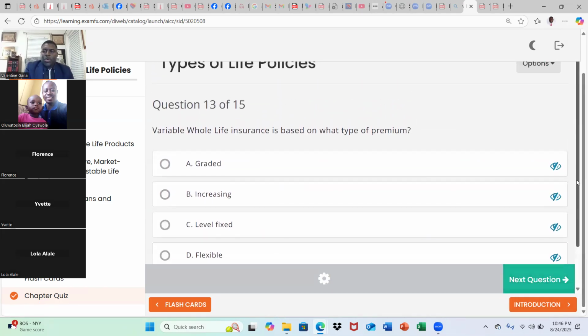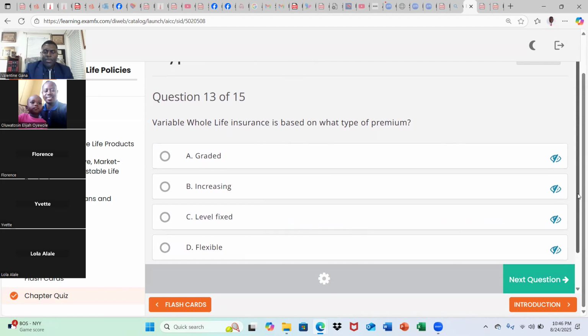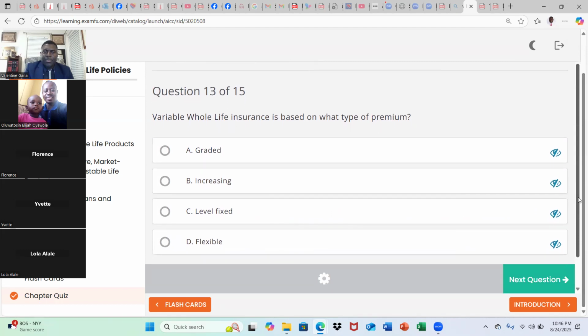All right, two more to go. Variable whole life insurance is based on what type of premium? A, graded. B, increasing. C, level fixed. D, flexible.